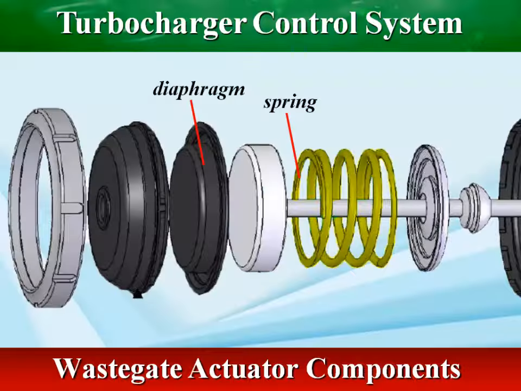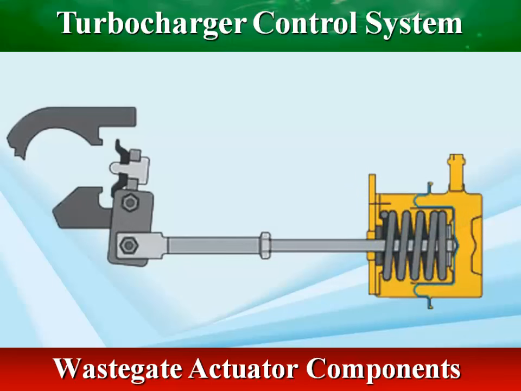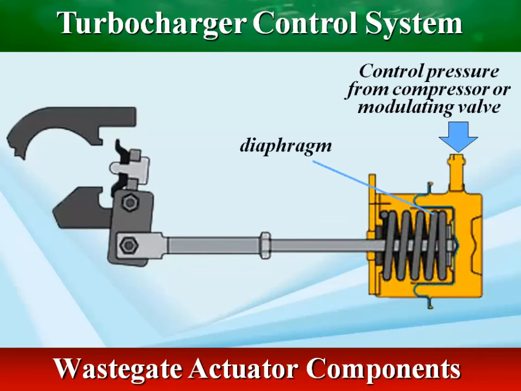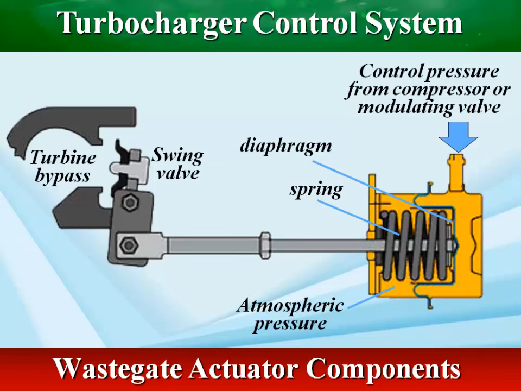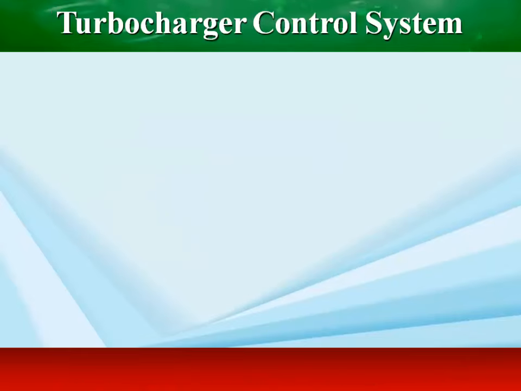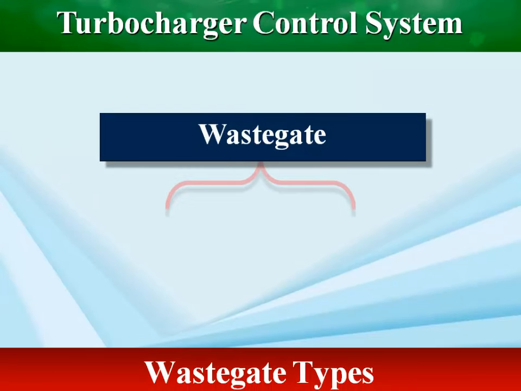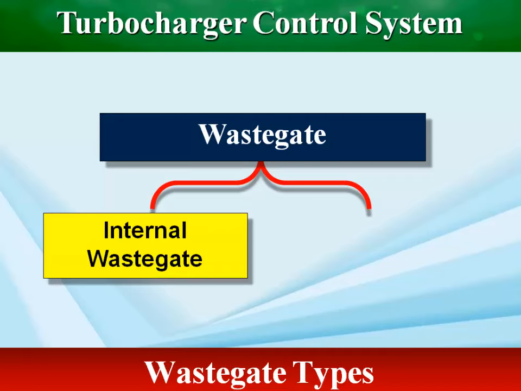The actuator diaphragm connects to a rod or linkage, and it is a flexible membrane that responds to pressure changes of a turbo without any contact with other components. The spring holds the actuator shut until the boost pressure reaches the designated level. The actuator's mechanism can be built into the turbocharger housing, internal, or be a separate unit mounted outside, external.